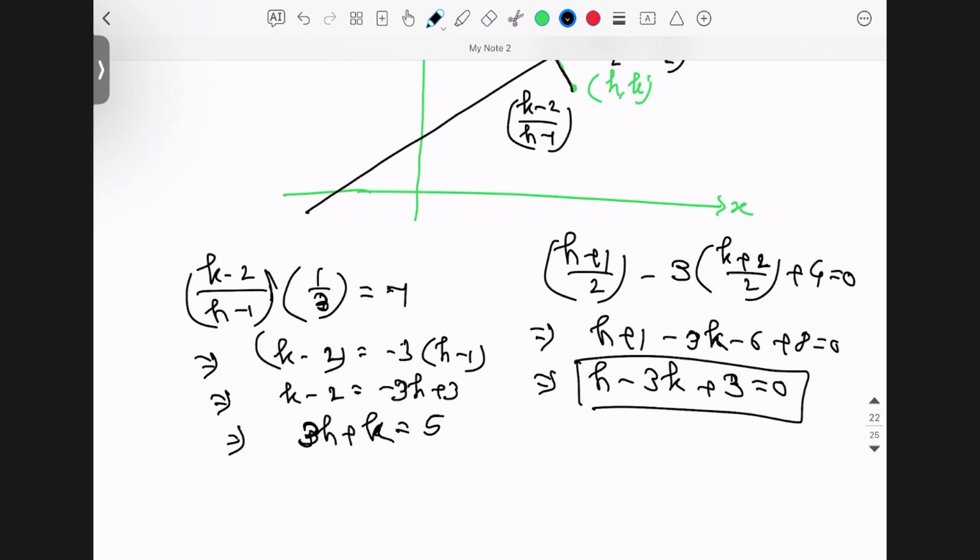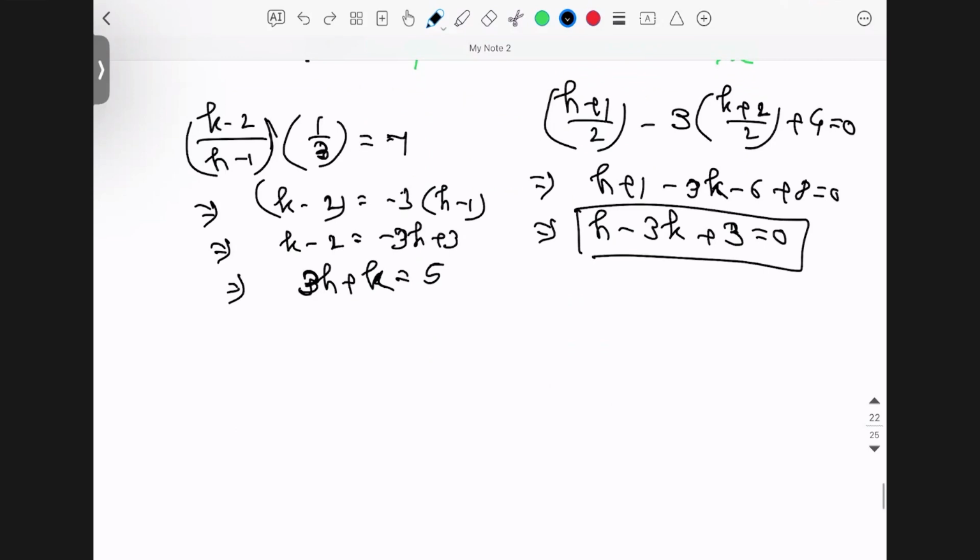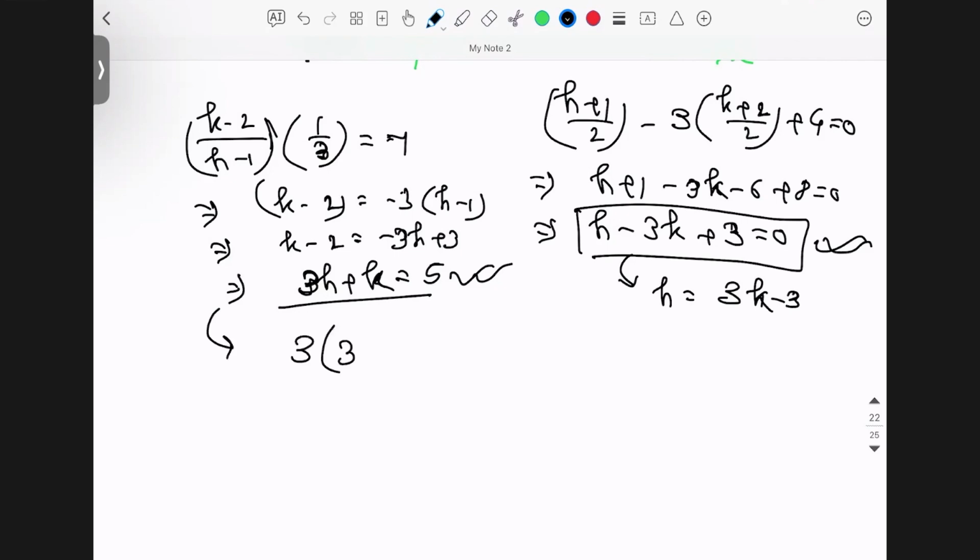And here we obtained h minus 3k plus 3 equal to 0. Now if we solve both the equations, we can get the proper answer. So let's solve it. From here this will give us h equals 3k minus 3. Putting it here, we obtain 3 into 3k minus 3 plus k equals 5.